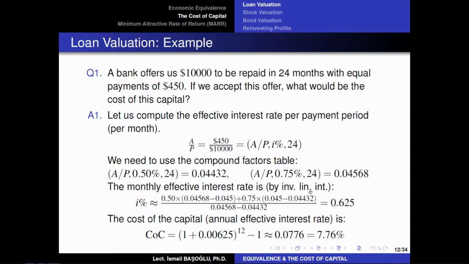This is just the monthly effective interest rate that is applied by the loan company, the credit company, the bank. We need to determine the annual effective interest rate, which is obtained by calculating the monthly compound factor as 1 plus the monthly effective interest rate as a decimal, which is 0.00625.